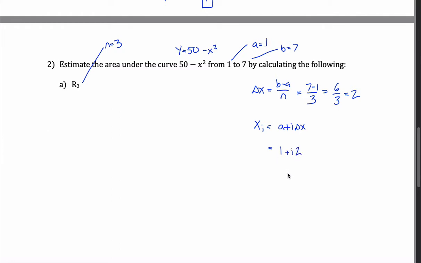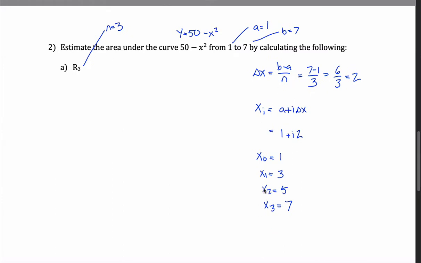In other words, 1 plus 2i. So what that tells me is that x0 would be 1 plus 2 times 0, in other words, 1. And x1 would be 1 plus 2 times 1, so 3. And x2 would be 1 plus 2 times 2. And x3 would be 1 plus 2 times 3. So I get 1, 3, 5, and 7 for my values of xi.